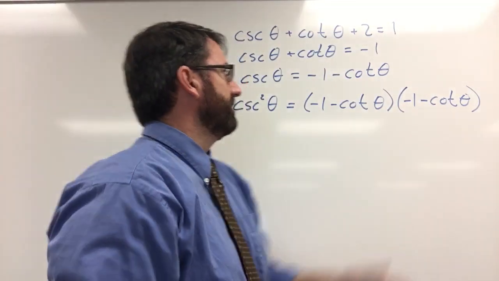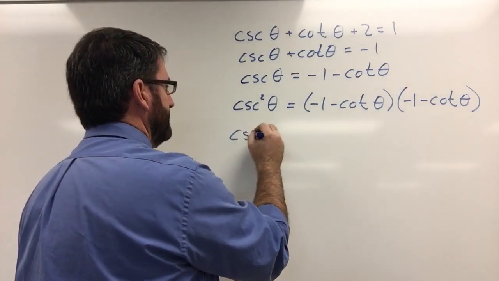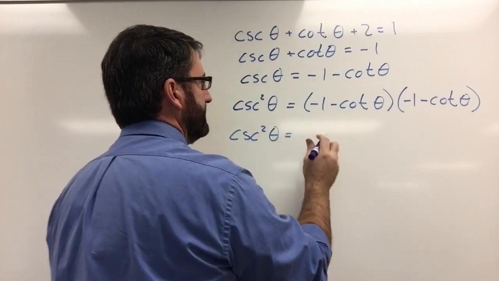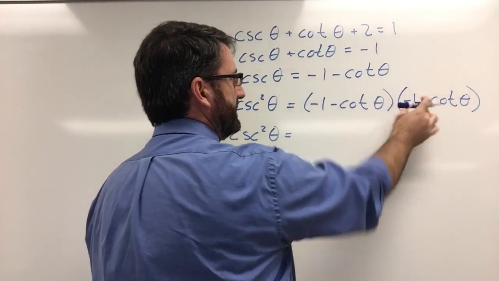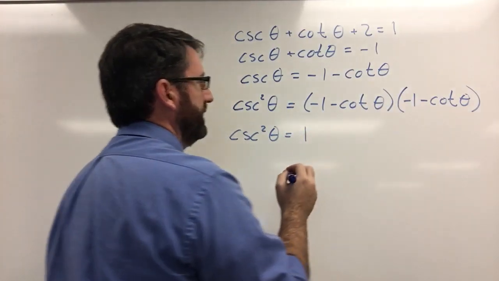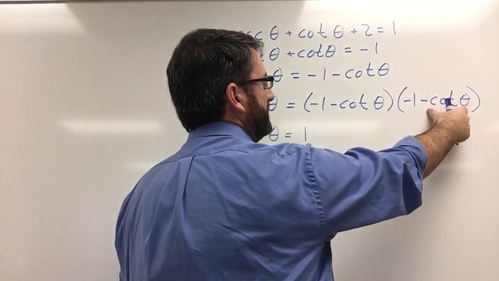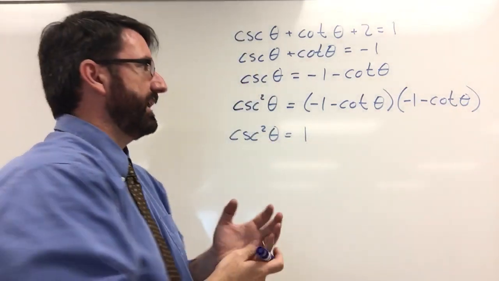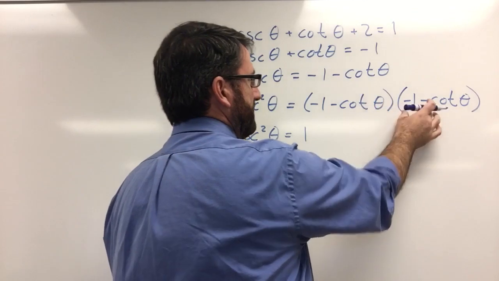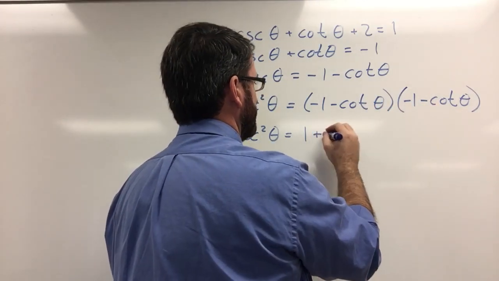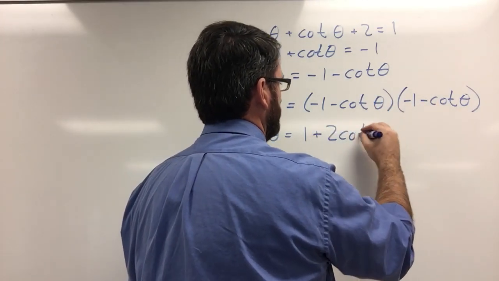And now we can FOIL this. So we get cosecant squared is equal to -1 times -1 is 1. -1 times cotangent theta is positive cotangent theta. We get the same thing on the inside, so this is going to be plus 2 cotangent theta.